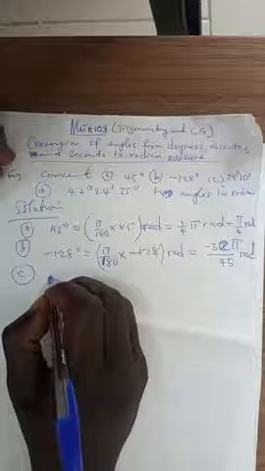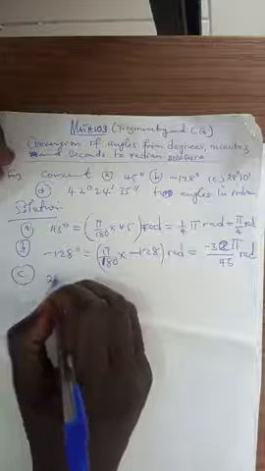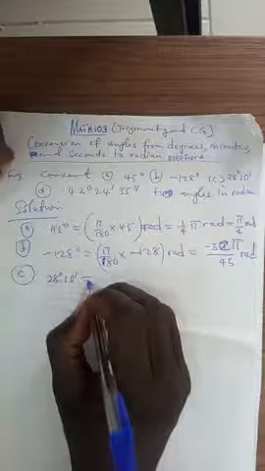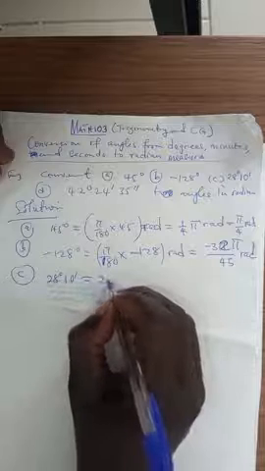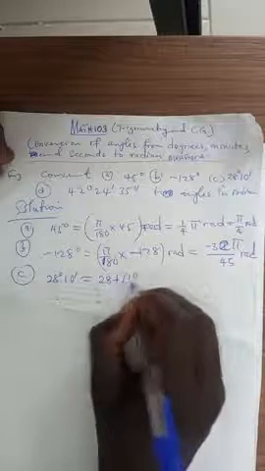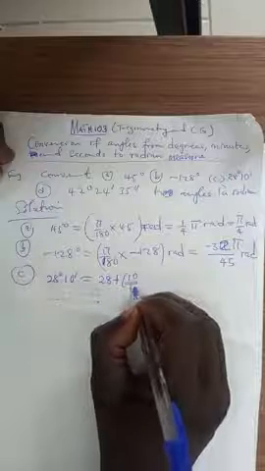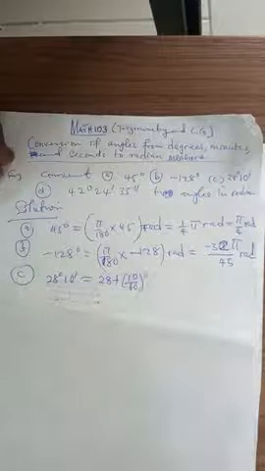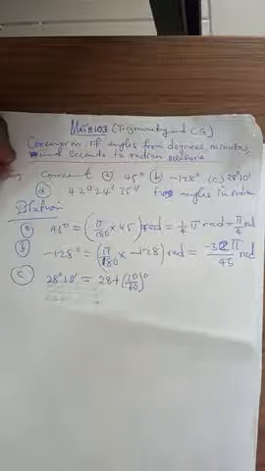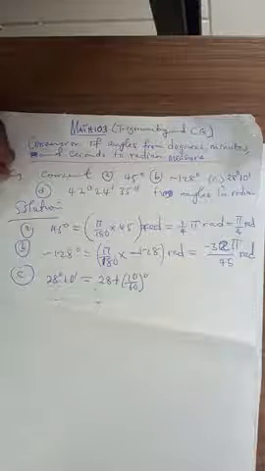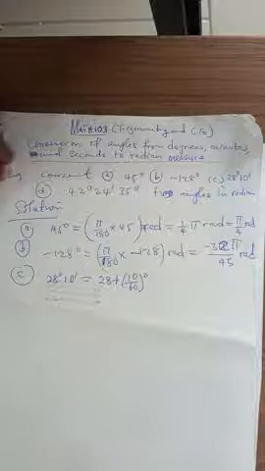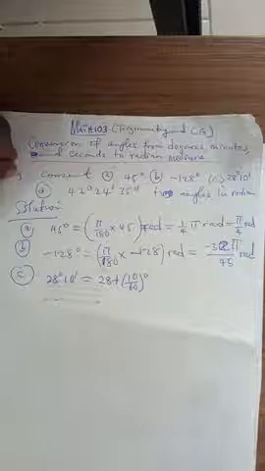For example, to solve this, you have 28 degrees, 10 minutes, and this is equal to 28 plus 10 over 60, because to convert minutes to degree, you have to divide by 60, and seconds to degree, you have to divide by 3600. That's a product of 60 and 60.